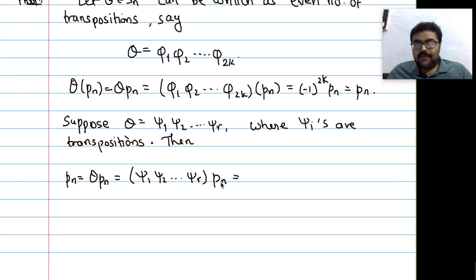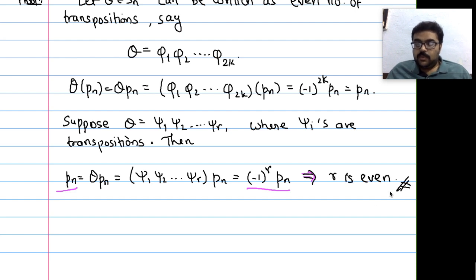First psi r is applied on Pn. Psi r is a transposition, so it changes Pn to minus Pn. Then psi r minus 1 is applied, and again it changes the sign, so minus minus becomes plus, so it becomes Pn, and so on. So this becomes minus 1 power r Pn. So when you have Pn on one side and minus 1 power r Pn on the other side, this implies r is even.